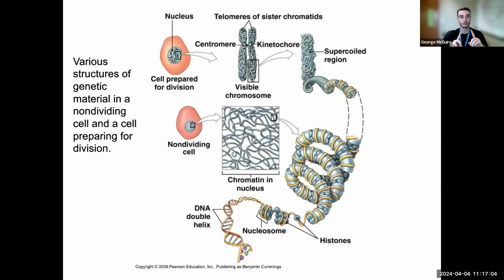One came from the father, one came from the mother. Each of those chromosomes carries DNA that codes for the same genes. So you would find a gene for hair color on both of the chromosomes in each pair. However, the DNA in each individual chromosome for that gene could be different, right? And we call those alleles. So you could have the allele for blonde hair on the chromosome that you got from your mother, and you could have the allele for brown hair on the chromosome that you got from your father.